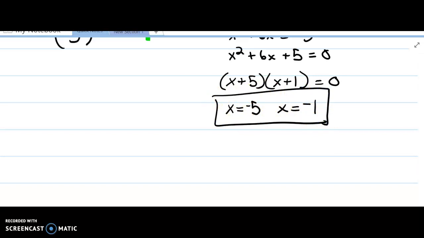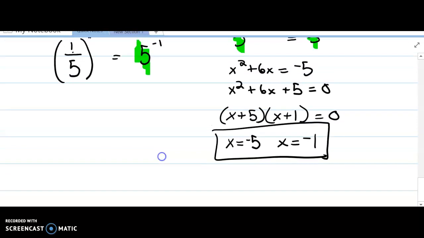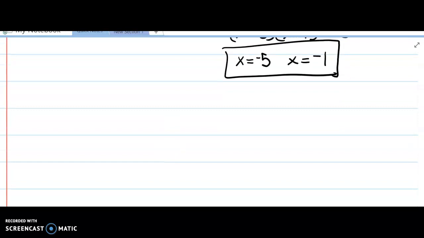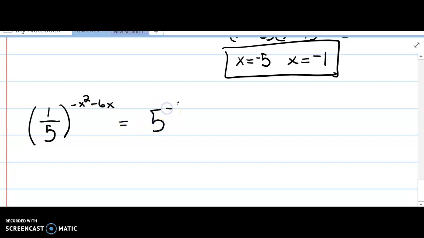Now here's the awesome thing about this problem. I'm going to start from the very beginning. So we have 1/5 here, negative x squared minus 6x is equal to. The great thing about this problem is the bases don't match, and the first time we did it, we chose to change this base.